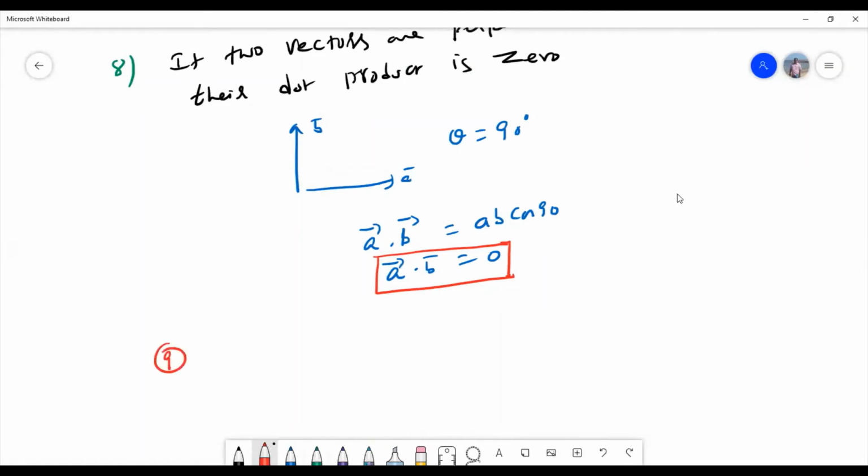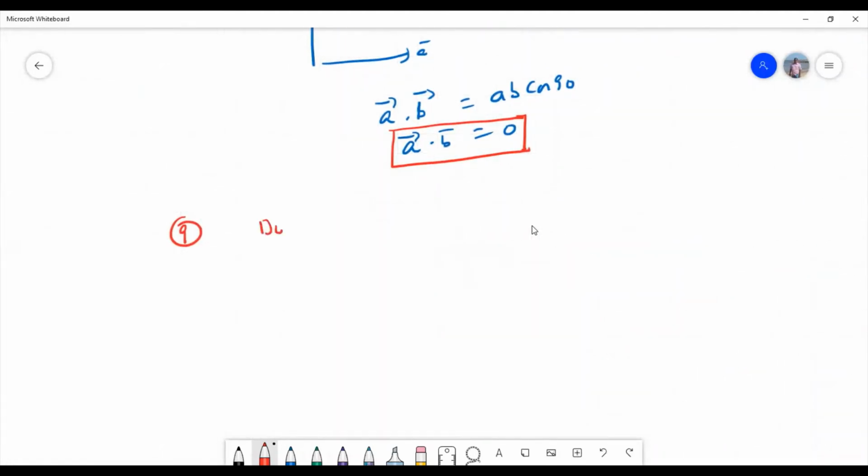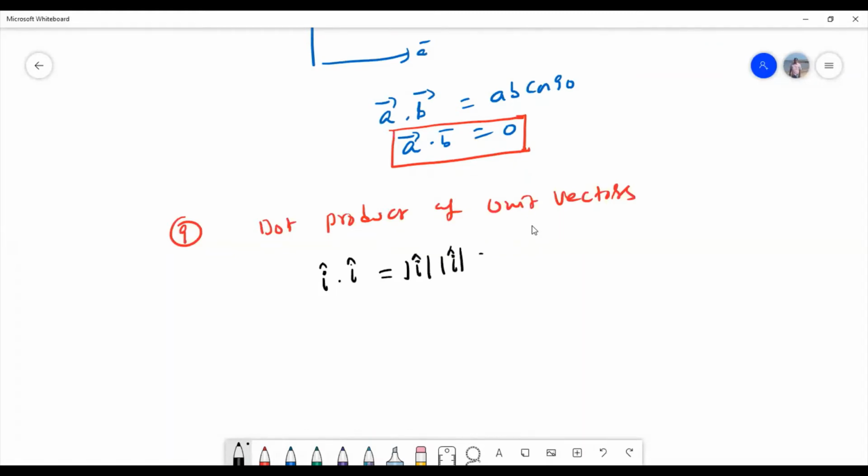Now let's see the ninth property, the dot product of unit vectors. Very important. I want to find out what is I cap dot I cap. Simply apply the formula. A bar dot B bar is mod A bar mod B bar cos of angle between them. I bar are parallel, so the angle between them is 0.